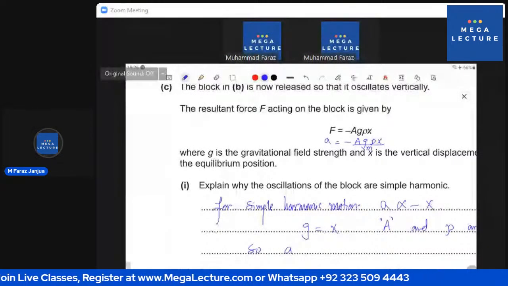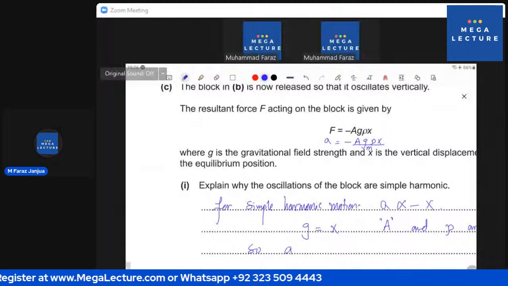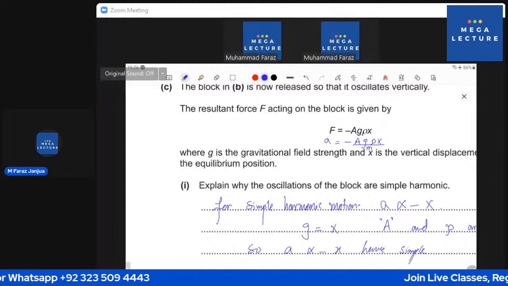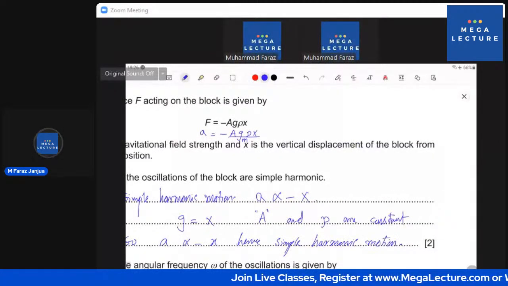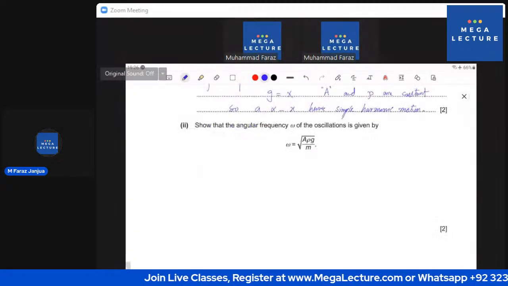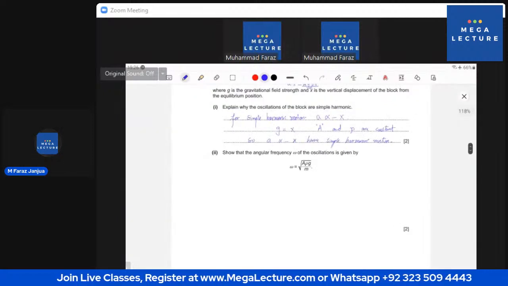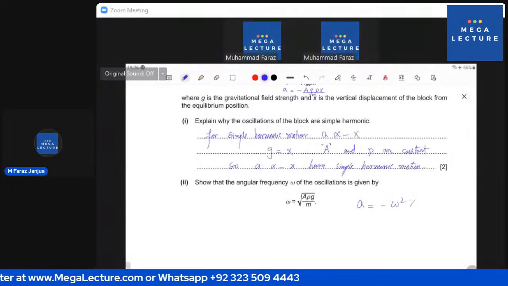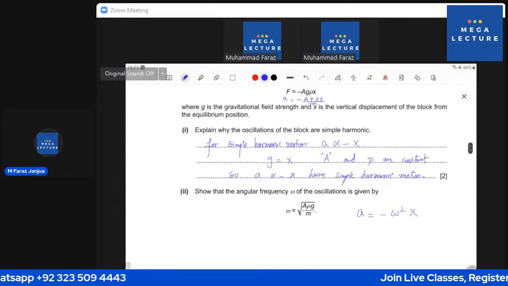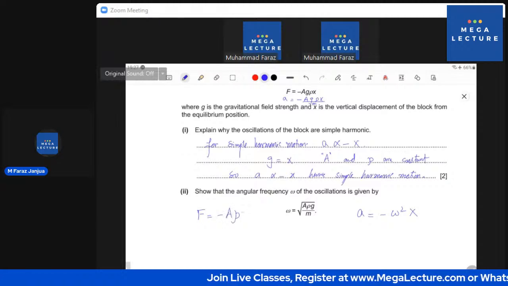Show that the angular frequency omega of the oscillation is given by... Now acceleration equals minus omega square x, and in this case F equals minus A rho g x.